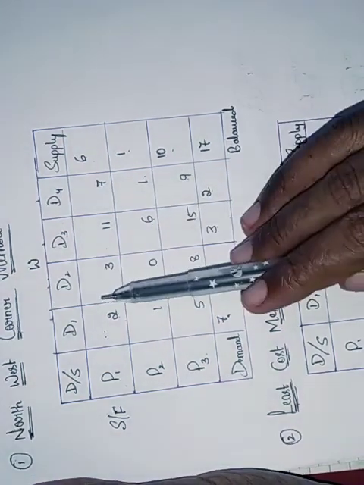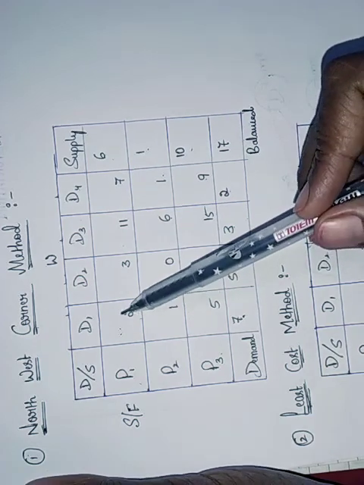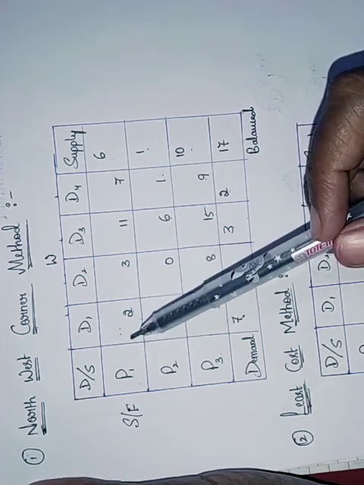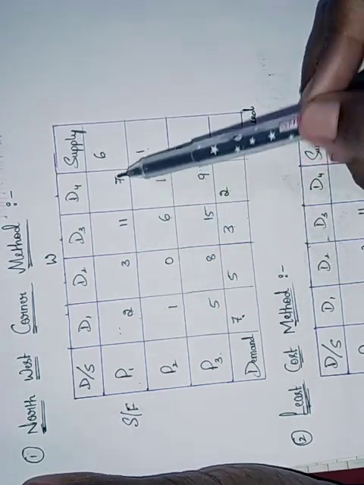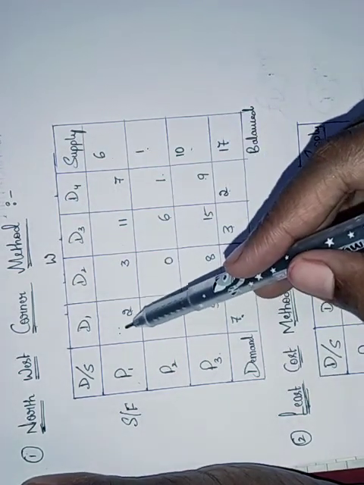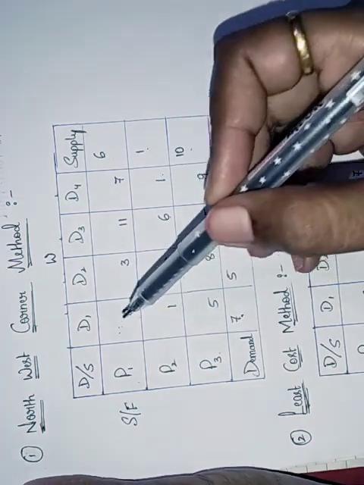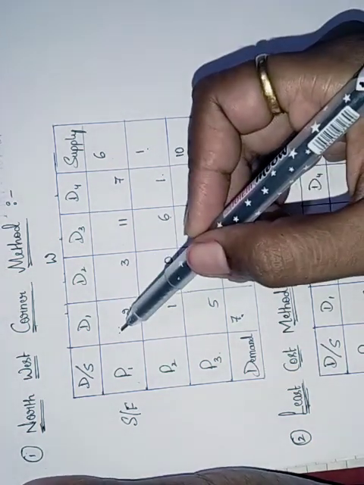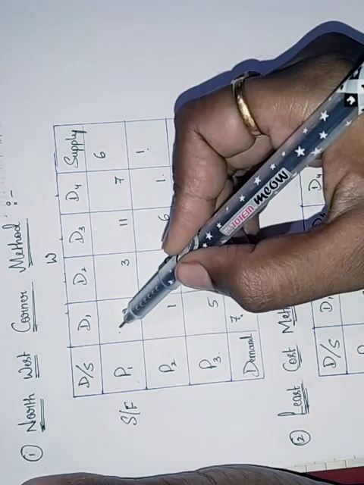Now in the northwest corner method, allocation always starts from the northwest corner cell. When you observe the tabular representation, this row represents the north side and this side represents the west side. So the allocation of units must start from the northwest corner cell. Here in this problem, our northwest corner cell will be this, I am pointing towards it.